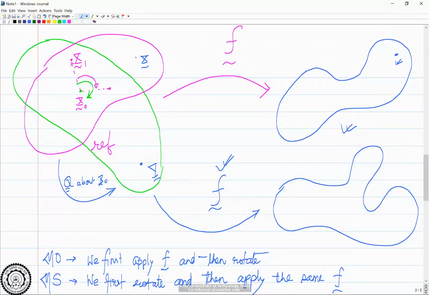And this will be the green point, which I denote by big Y1. And you see that big X1 has gone to big Y1, but originally there was some other particle at big Y1. So let us say the particle which was at big Y1 was actually X2 in the red configuration.